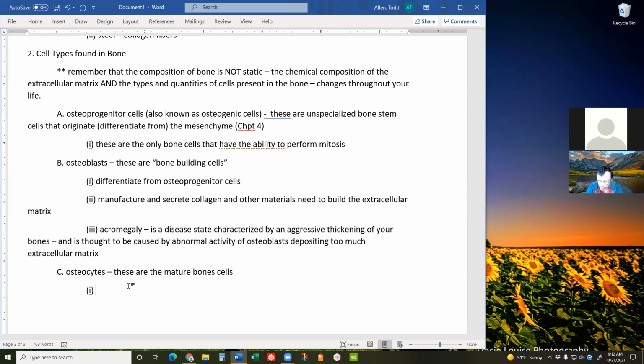They're involved in the normal daily metabolic activities of the bone tissue. Osteocytes do differentiate from osteoblasts, as you can see being inferred from figure 6.2.